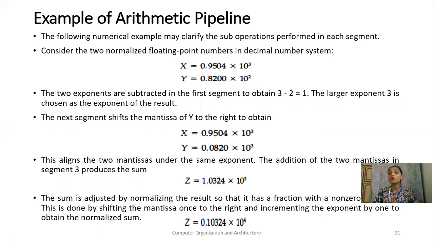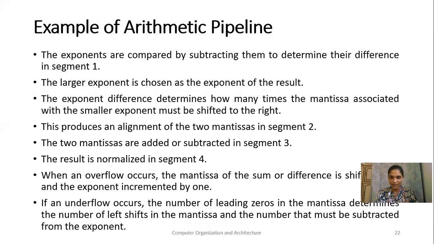So you will need to shift your Mantissa to the left side. If overflow occurs, we shift to the right side and increment the exponent by 1. If underflow occurs, we shift the Mantissa left and decrement the exponent by 1. So this is the requirement for floating point addition and subtraction.